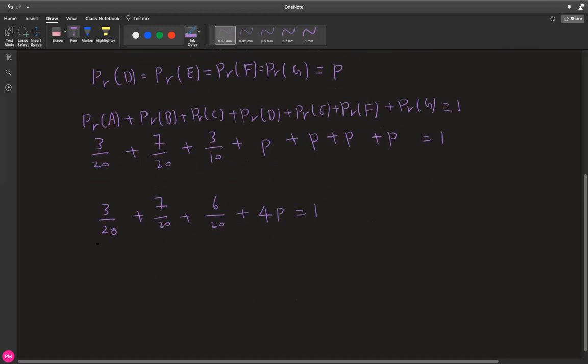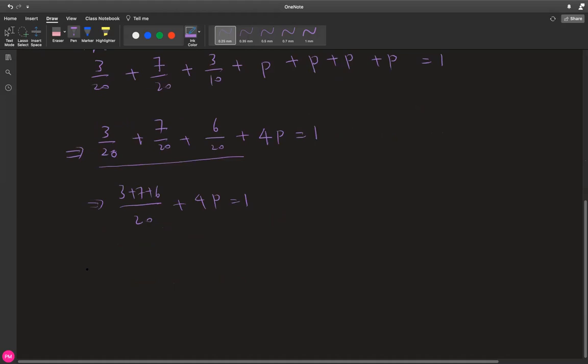So let's simply do the addition here. Since we now have all the same denominator of 20, we now have 3 plus 7 plus 6 over 20 plus 4P equals 1. And that is, the top is 16 over 20 plus 4P.